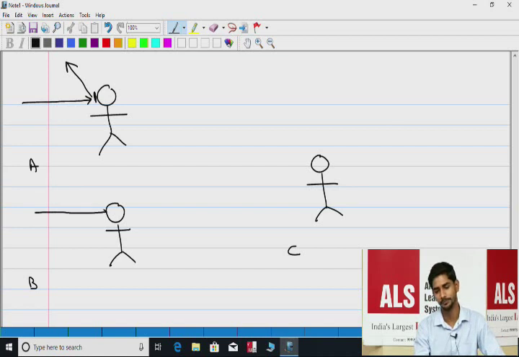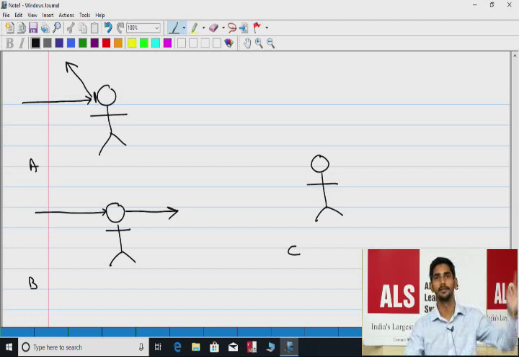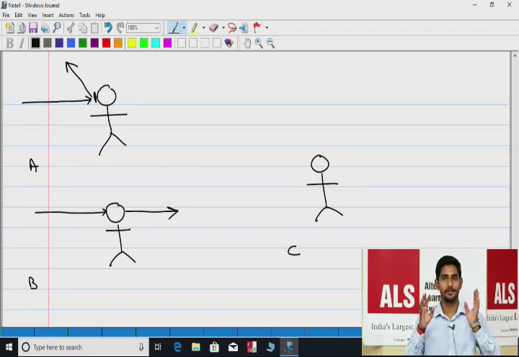Type B will listen to you. The concept will enter from one ear and pass out of the other ear, because God has given us 2 ears.